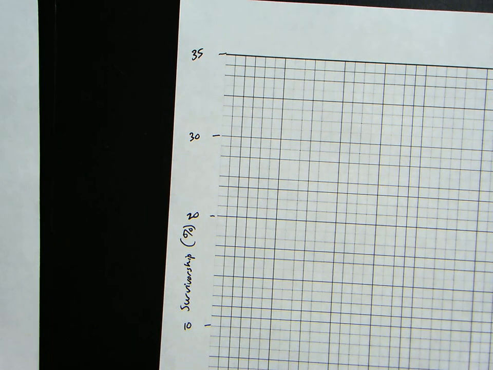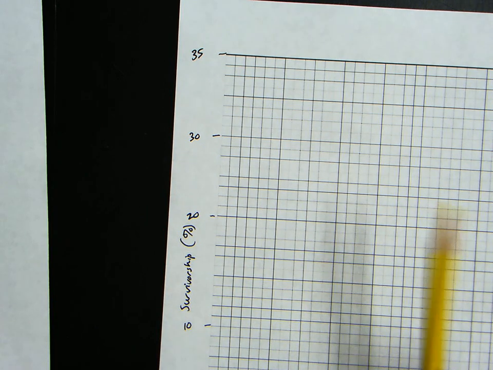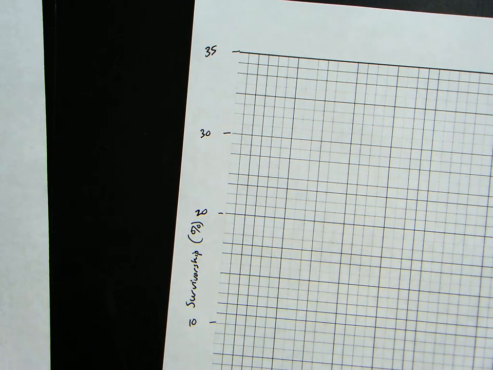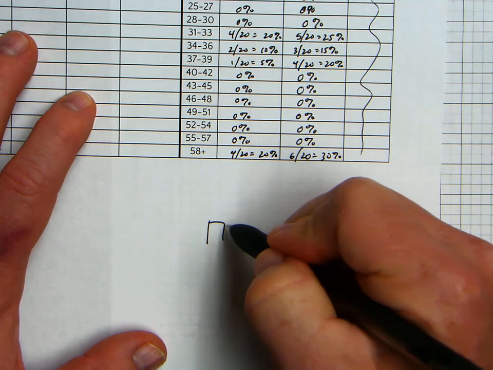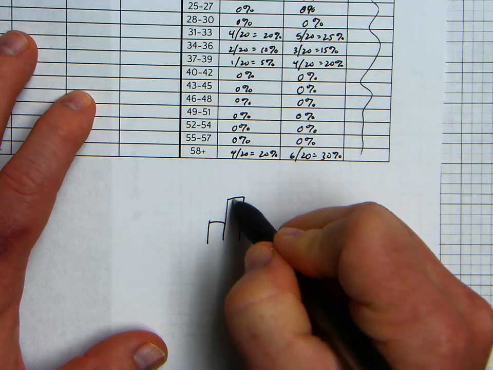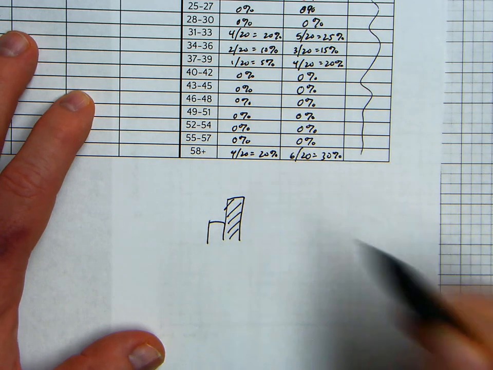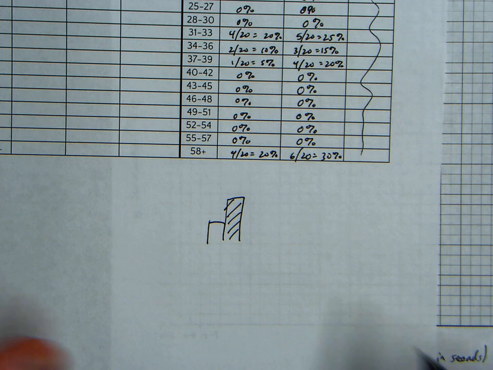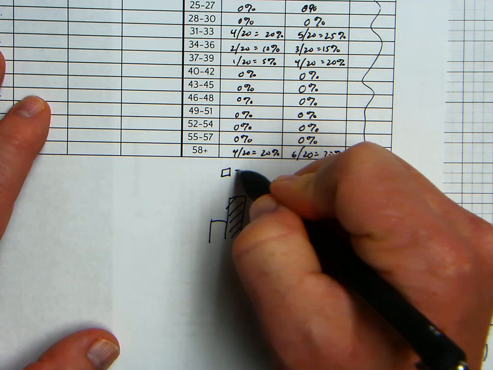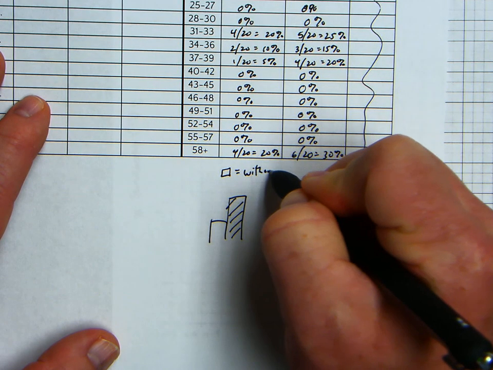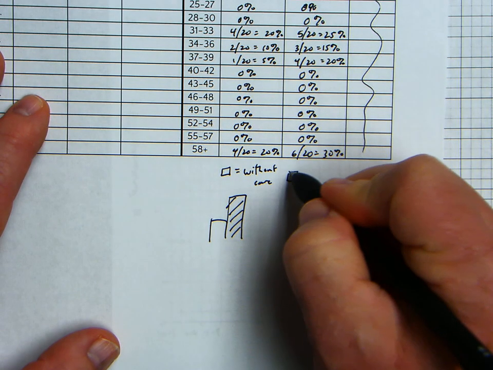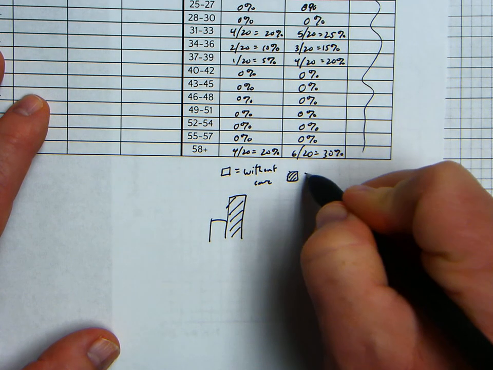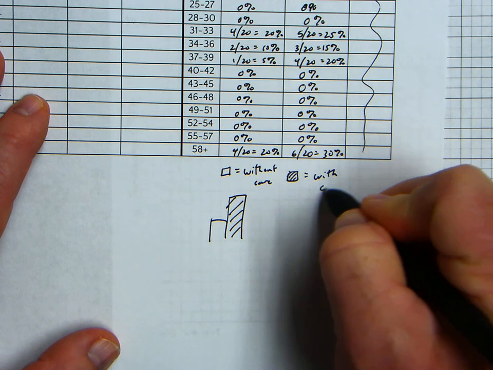All right, so now is the part where basically you need to have either two colored pencils, or if you would like to just use your pencil, okay, you can have one column be kind of open like that, and the other column have shading like that. So when you create a legend, like for example, this is going to be without care, and then the other one would be with care.